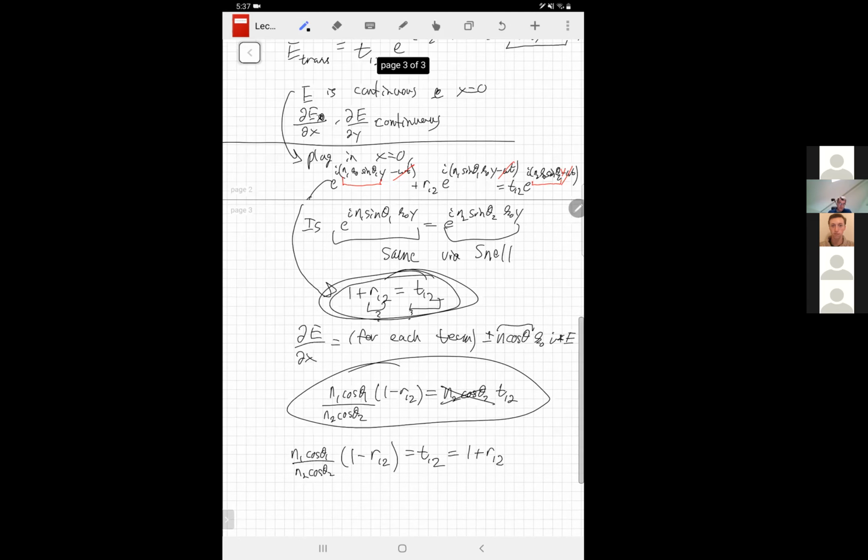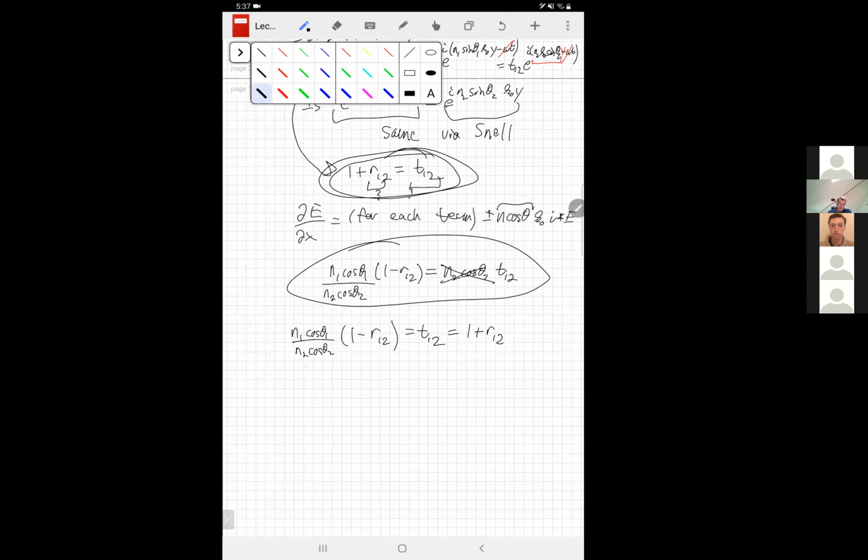And then it's just a little bit of algebra. n1 cosine theta 1 over n2 cosine theta 2 minus all that mess times R12 equals 1 plus R12. Add this to both sides. Subtract a 1 from both sides.